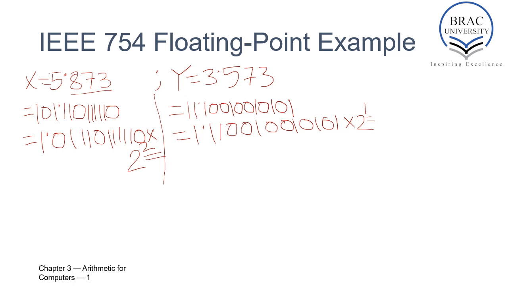In y we have exponent 2 to the power 1, and in x we have exponent 2 to the power 2. So we make the exponent of y go to 2, and we can write it like this: 0.1110001001 into 2 to the power 2. Now both exponents are equal.